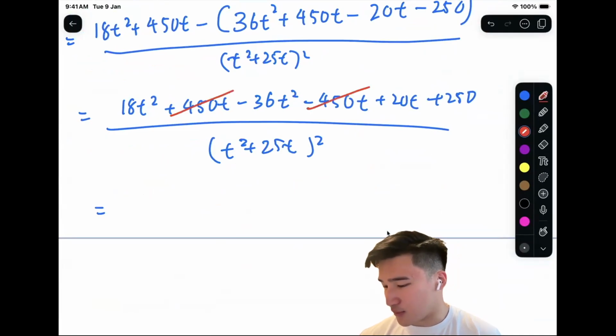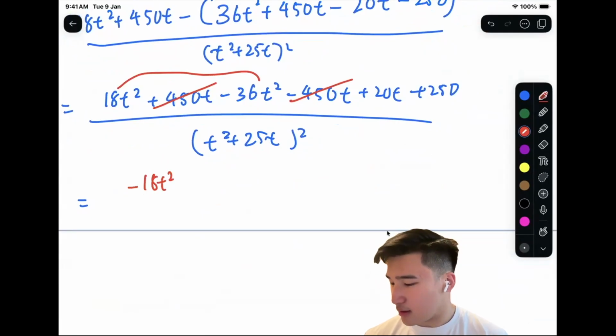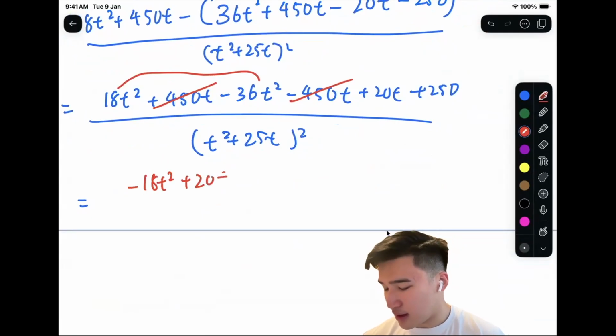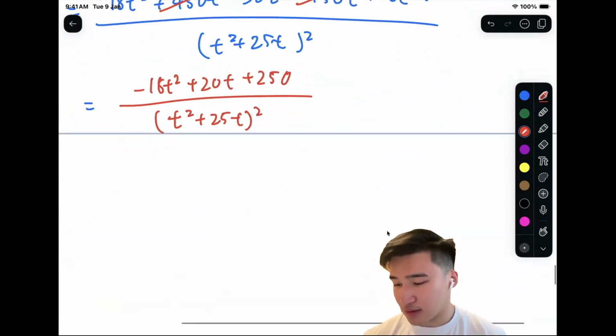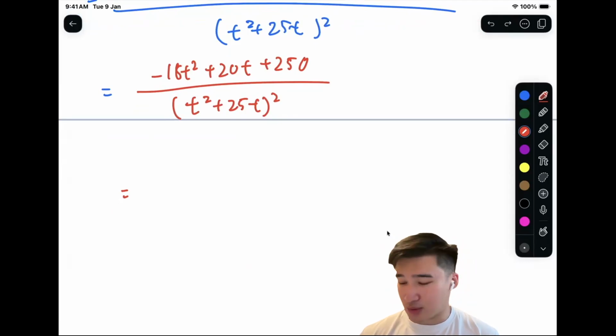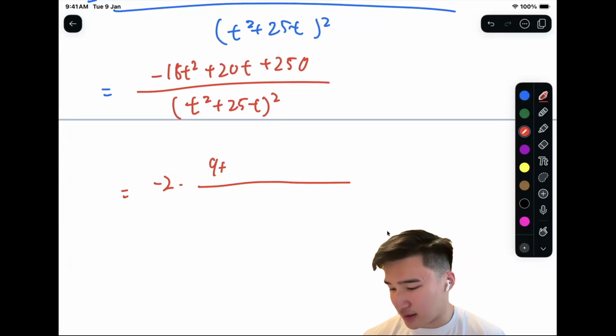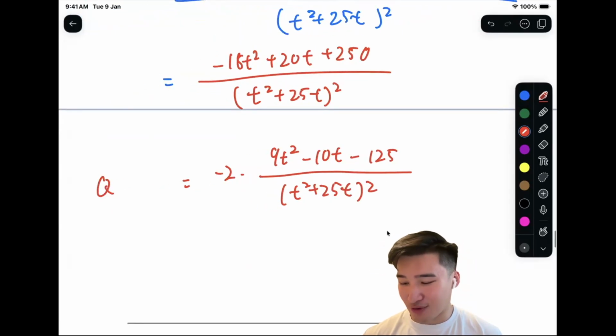Plus 450T minus 450T cancels, and we get negative 18T squared plus 20T plus 250, divided by (T squared plus 25T) squared. All we have to do now is finish this up by taking the negative 2 out. We have 9T squared minus 10T minus 125, and then divided by (T squared plus 25T) squared. So this is what we get for our Q'(T).